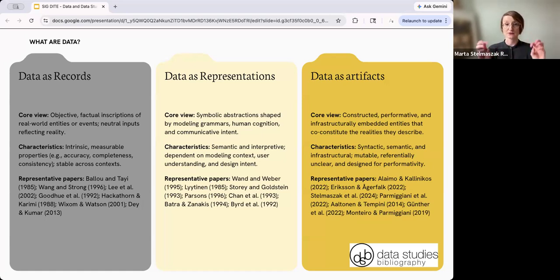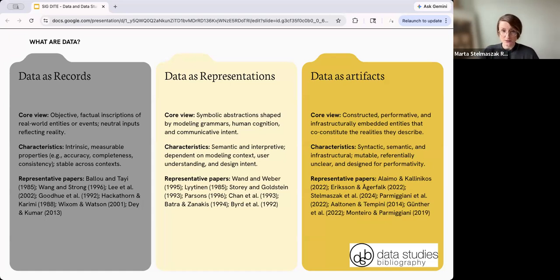So the way I have recently come to understand it is that this last view looks at data as entities in the world and the bidirectional relationship between these two.